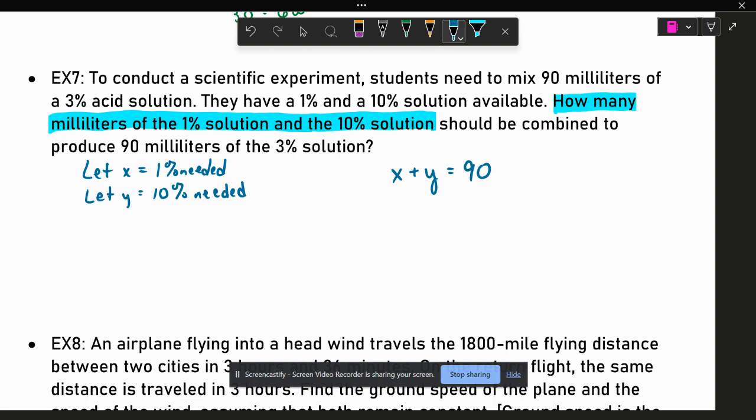It also tells us that we have 0.01 of the 1% diluted plus 0.1 of the 10%. That'll give us 0.03 of the 90.